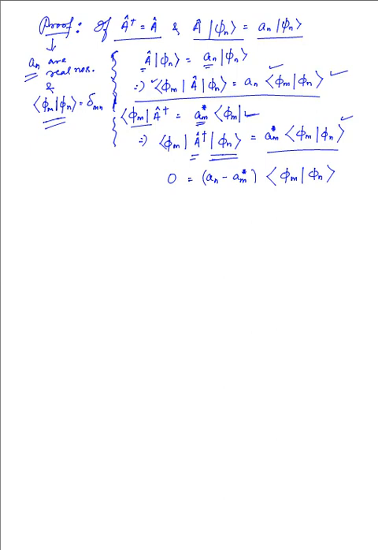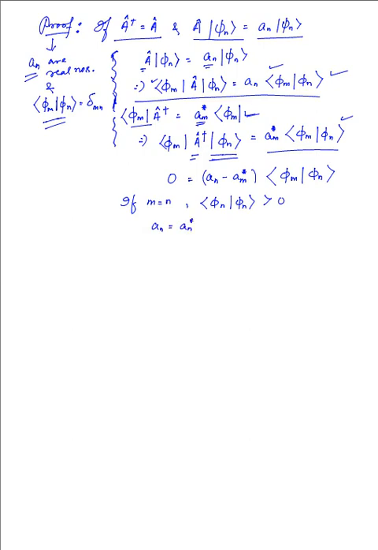Now there are two cases which we can consider. If m is equal to n, then since the inner product of phi n with itself is obviously a positive term, we have an equal to an star, the conjugate of it.